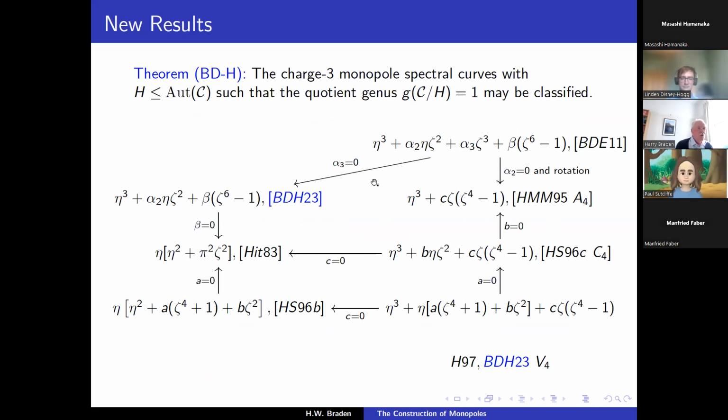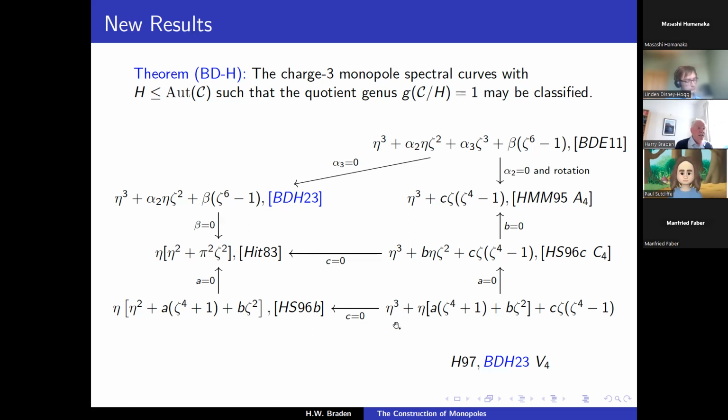Everything in this lower part will quotient by a symmetry to an elliptic curve, and this was the cyclically symmetric genus 2 curve. This quotients to a genus 2 curve under the cyclic symmetry related to the Toda equations.